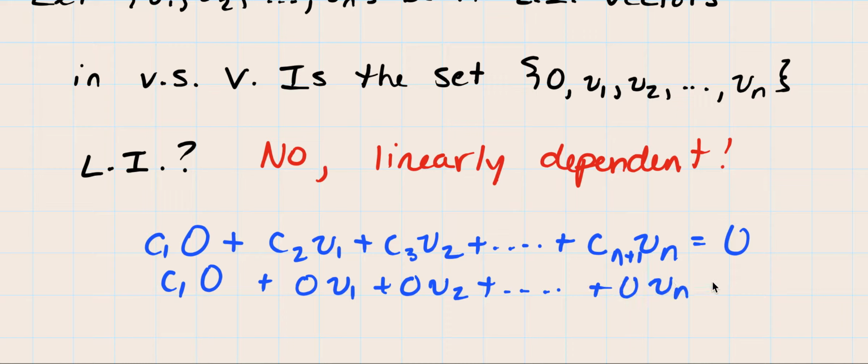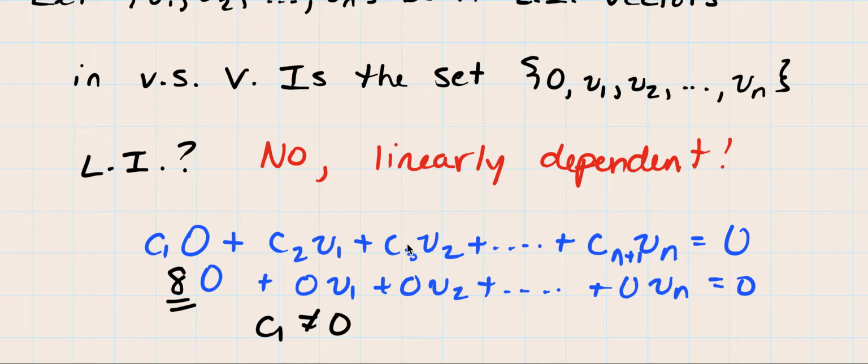But notice if I put in 0 for each one of these and anything else for C1, so let's put something non-zero here like an 8. This is a linear combination of these vectors, and this C1 is not 0.